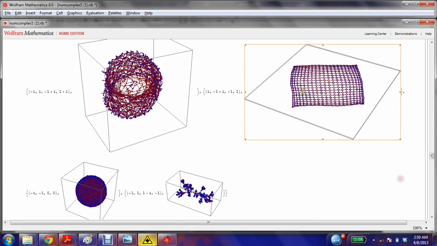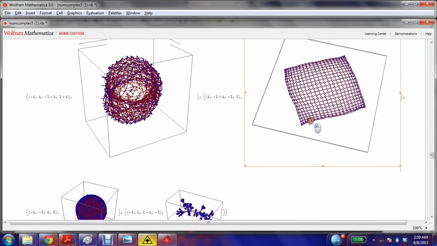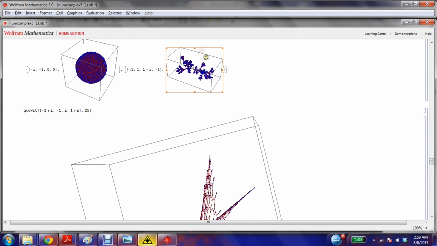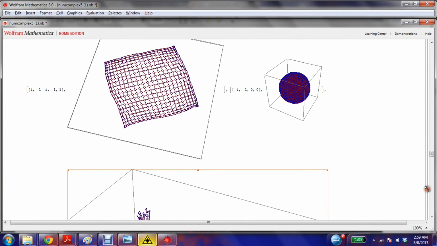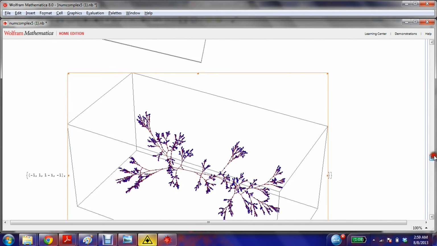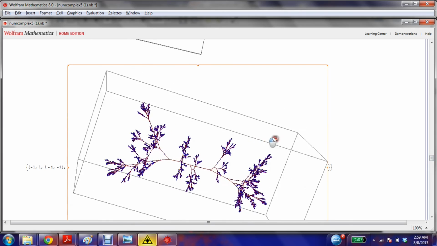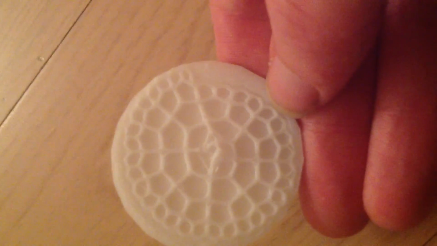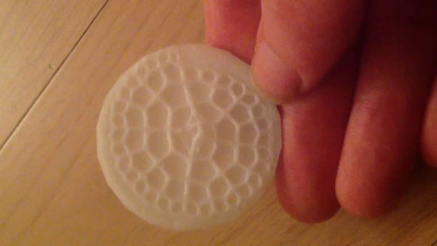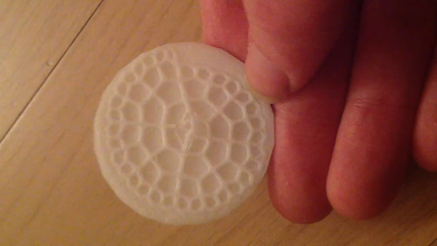But it just seems like such an interesting and difficult process to actually match the structures that we're getting created with actual applications. This one looks a lot like a tree, I suppose. And so here's a 3D print of that spiral network that I made before.